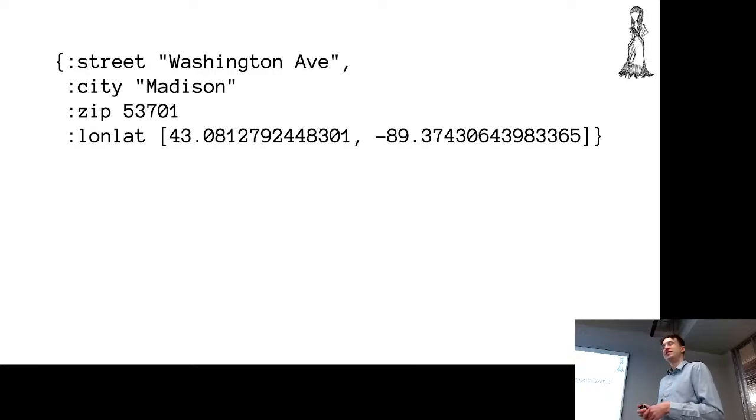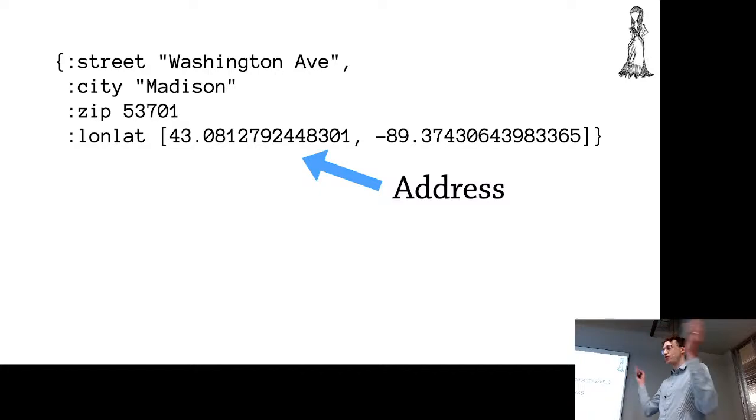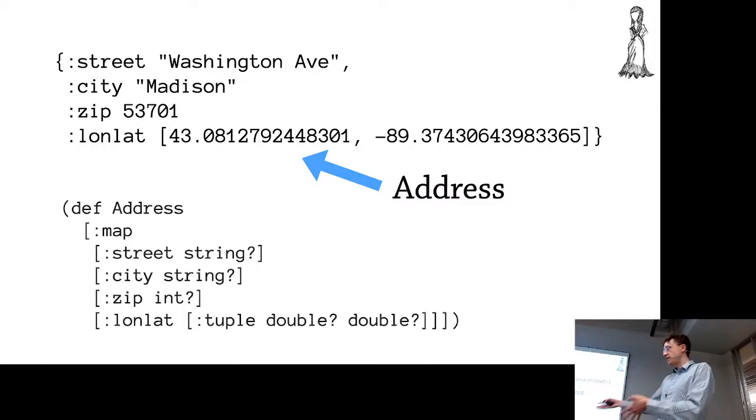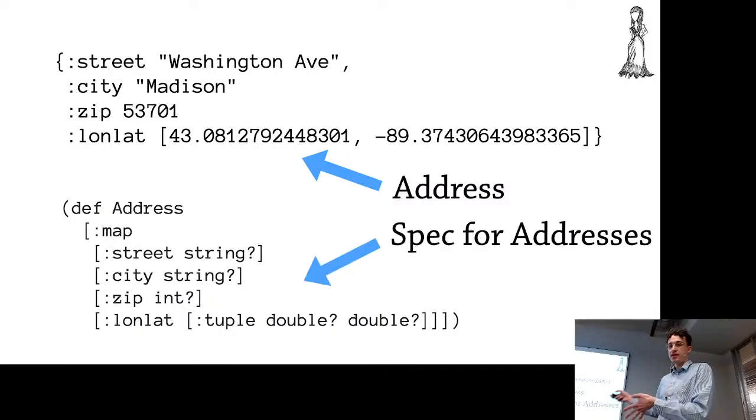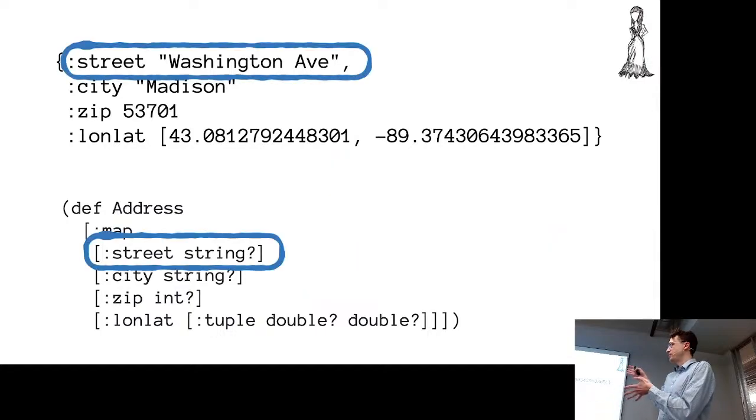All right. So this is an address. This is where we are right now, down to the coordinates. We have a street, city, zip code, long latitude. This is called a value in programming. It's a map. And down here is what we call a spec. This is a spec for addresses down the bottom and an address up the top. And you can see that there's a correspondence between the spec and the value.